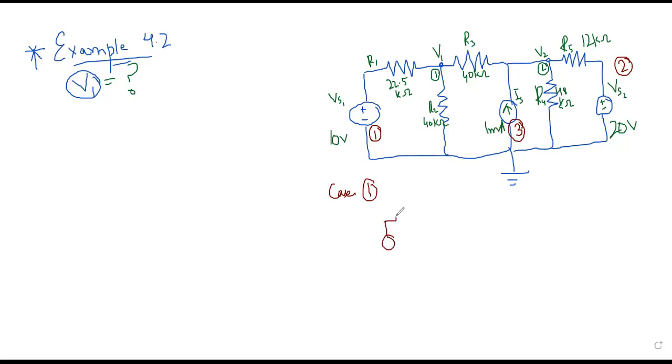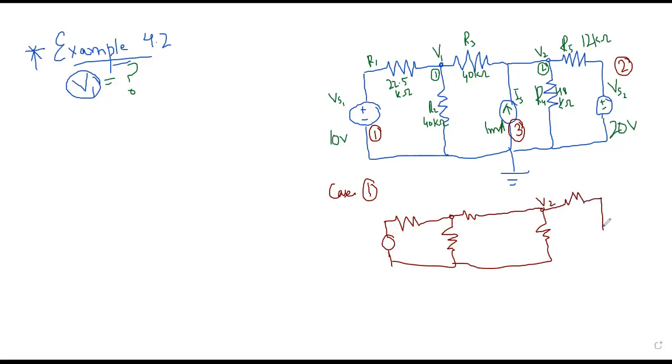There must be a voltage source. There is V1. There must be some value of this here. Then there is no voltage source, so there is only V2 here. Then there is R4. After this there is R5 only.